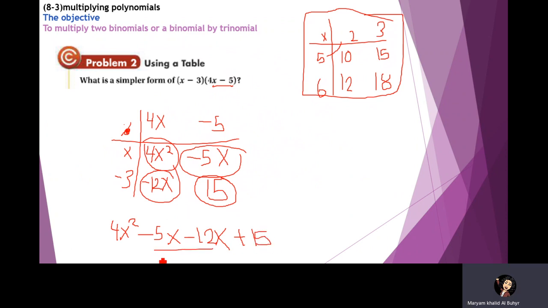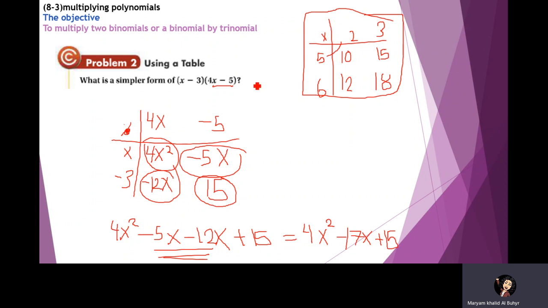I know that these are like terms, so just add them together. So that will be 4x to the power 2, minus and minus, I'm adding, so I will drop the sign that I have. So that will be 17x plus 15. That's my polynomial.